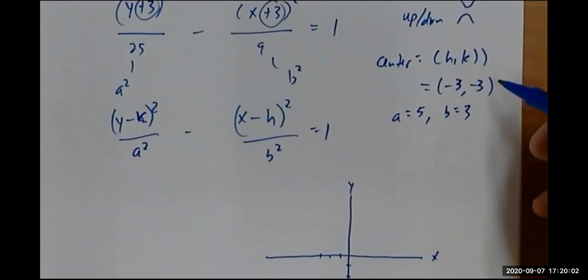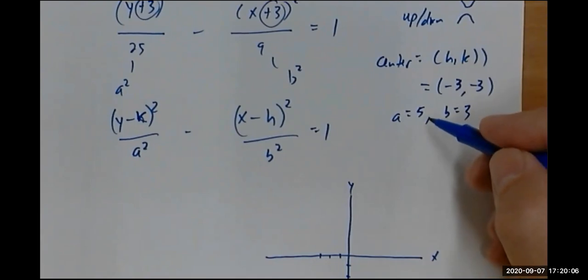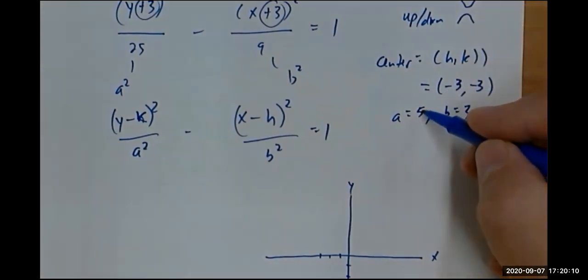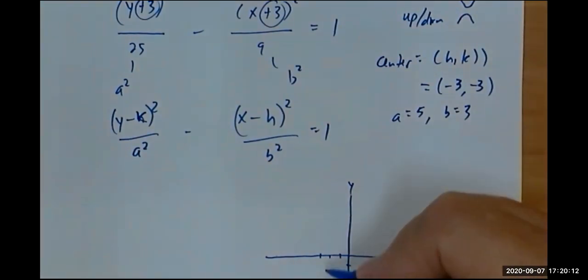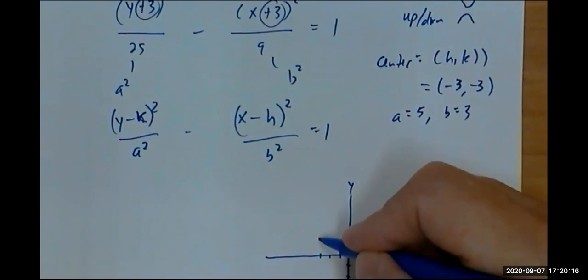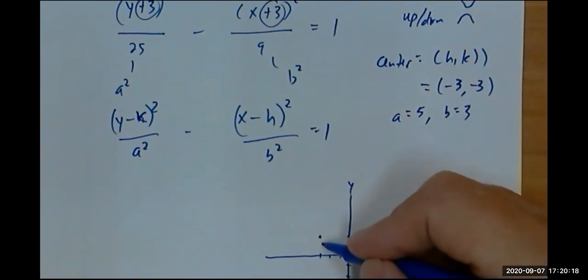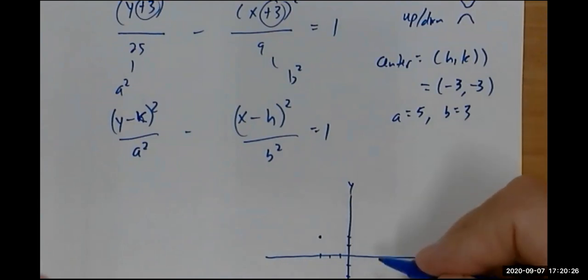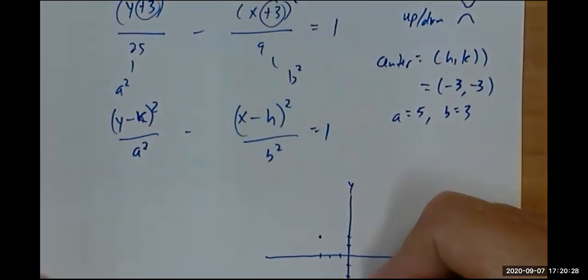So with this information, I can go ahead and now sketch in all the information I need. So here's the key. Since it's an up or down, I go a and I move up 5 from the center and down 5. So there's up 5. Here's down 5. Then side to side, it's going to be 3.